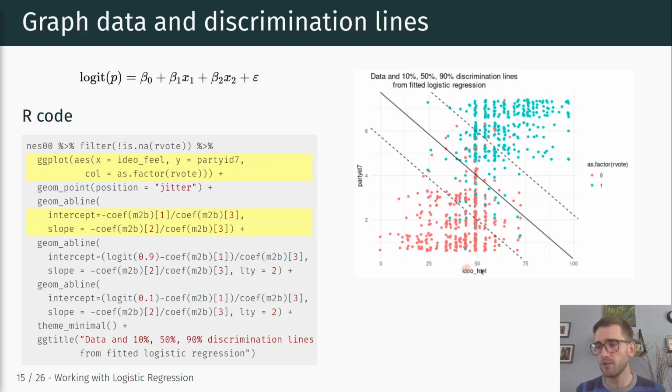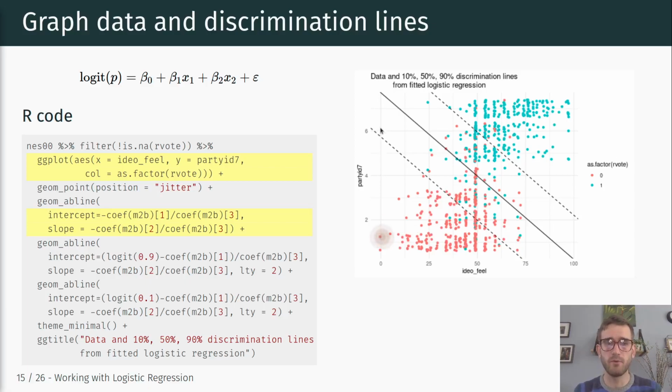Okay, as I mentioned, on the x-axis we have our feeling thermometer. On the y-axis we have our party identification. We have a color coding. All these dots are red if the respondent did not vote for the Republican candidate, and turquoise if the respondent did indicate to vote for the Republican candidate, and we see a clear positive association between both ideology and the probability to vote Republican, and party identification and the probability to vote Republican.